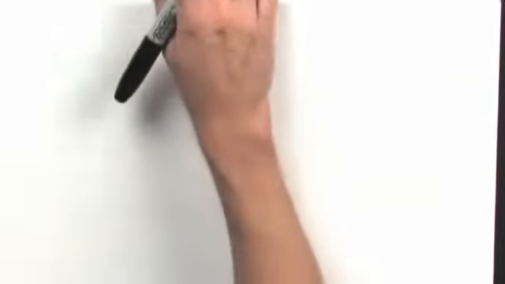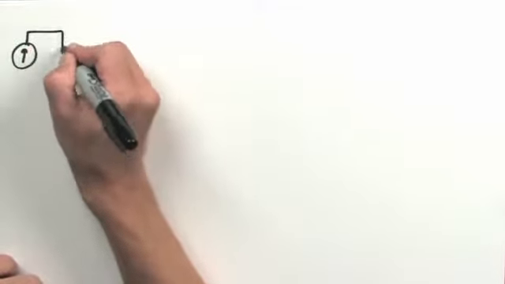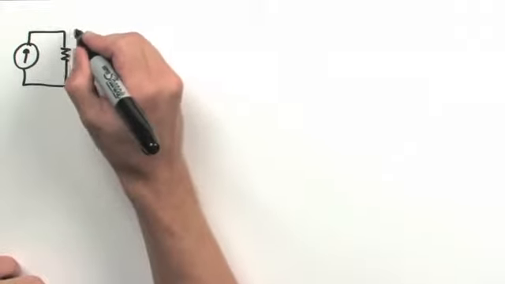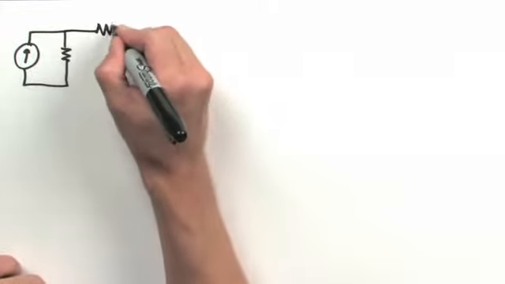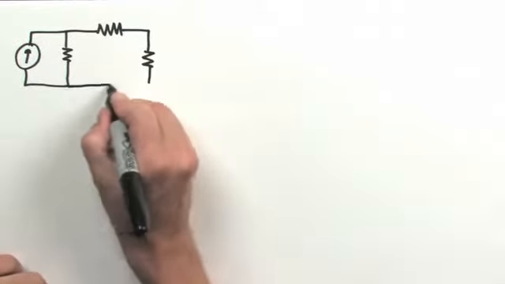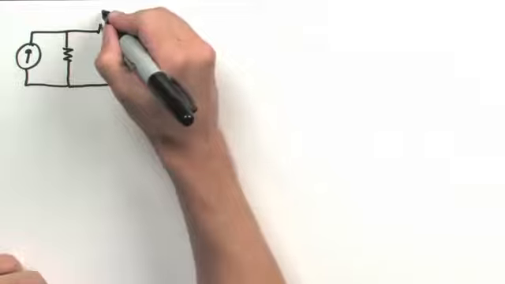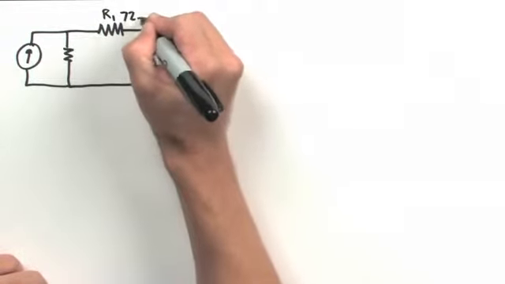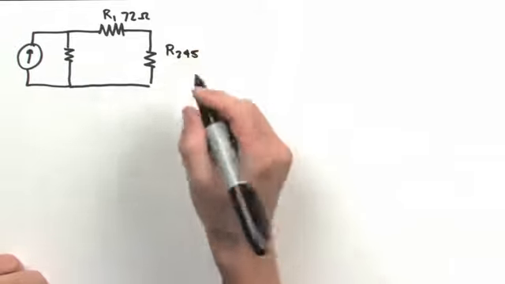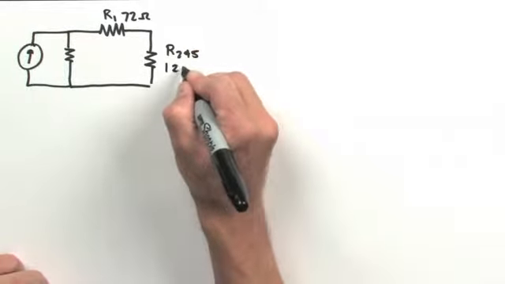From that, I'm going to expand my circuit yet again. And I know along this leg, from my previous calculations, that R1 is 72 ohms, and R2, 4, 5 has an equivalent resistance of 28 ohms.